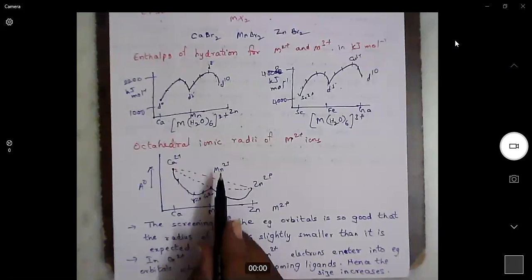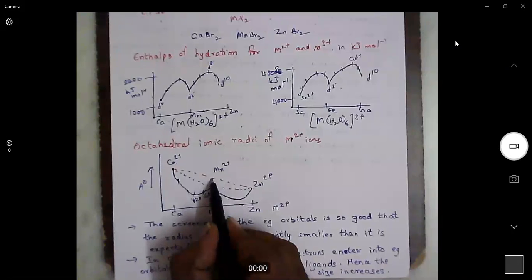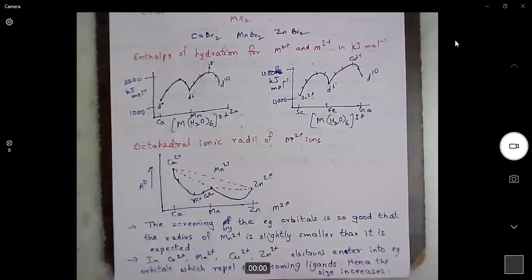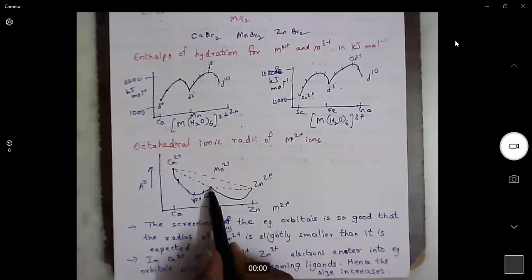But in case of manganese, it is supposed to be here, but it is not here, right? This is the expected size. This is because the screening by the eg orbitals is so good that the radius of Mn2+ is slightly smaller than expected. Why is the size of Mn2+ smaller than expected?